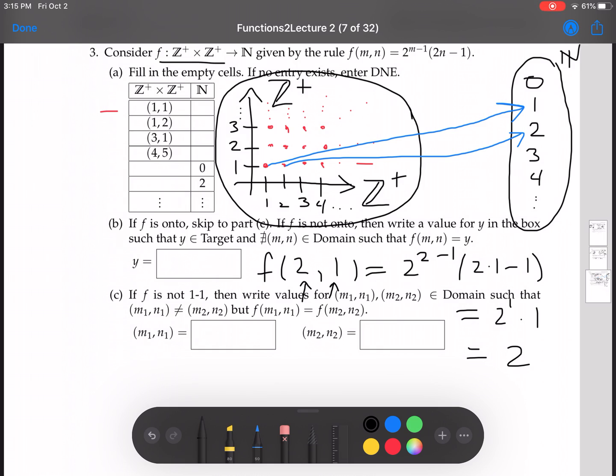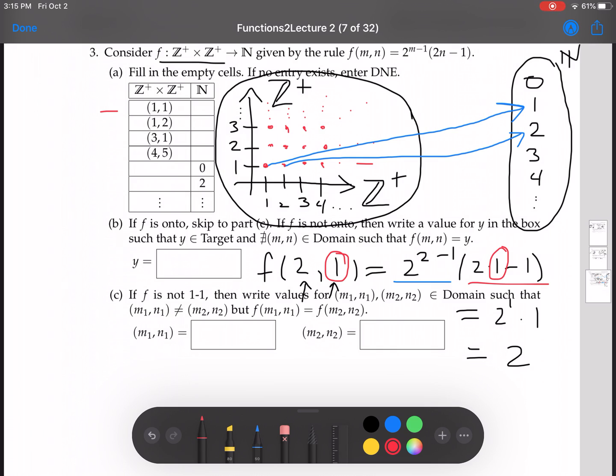Now 2 to any power, this part right here is what creates the evens, and this part right here is what creates the odds. So if we have a 1 right here, then we get powers of 2. Sorry, not all evens, but powers of 2.